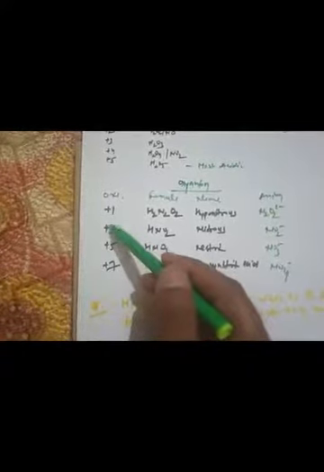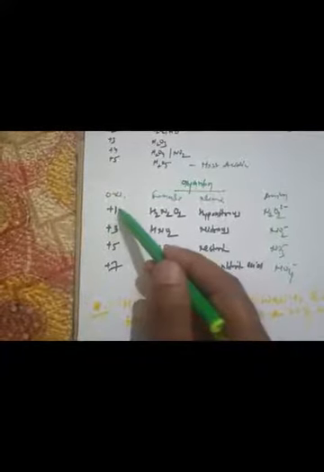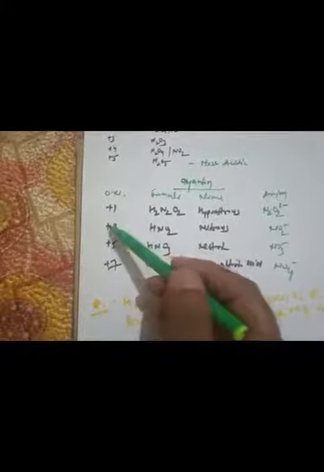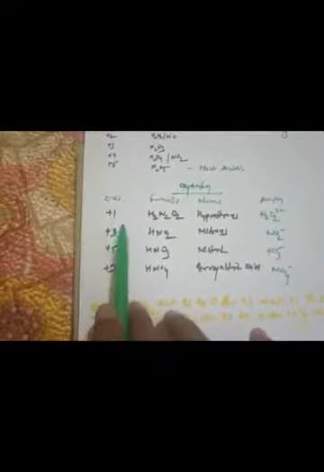So +3 to +1 and +3 to +5. Since it can reduce its oxidation state and it can increase it also, it can act as an oxidizing as well as a reducing agent.